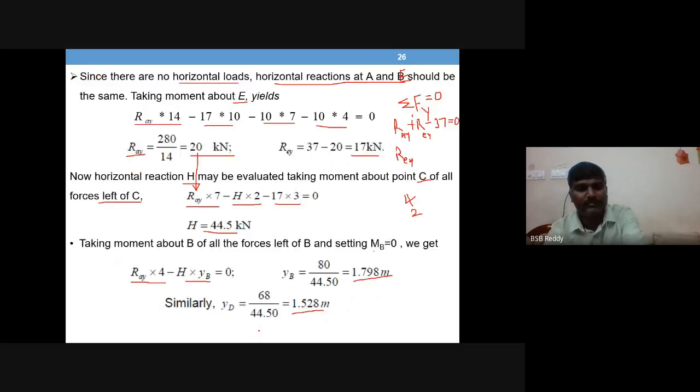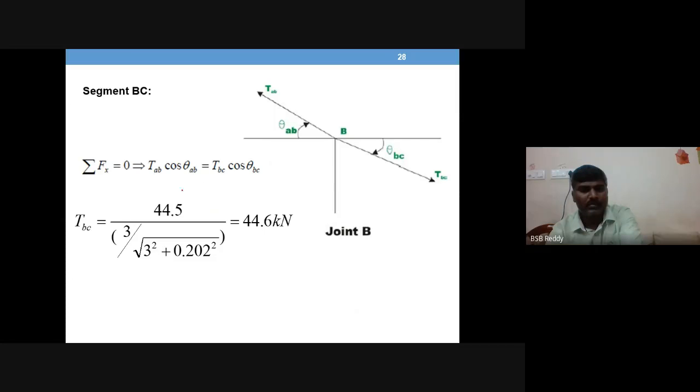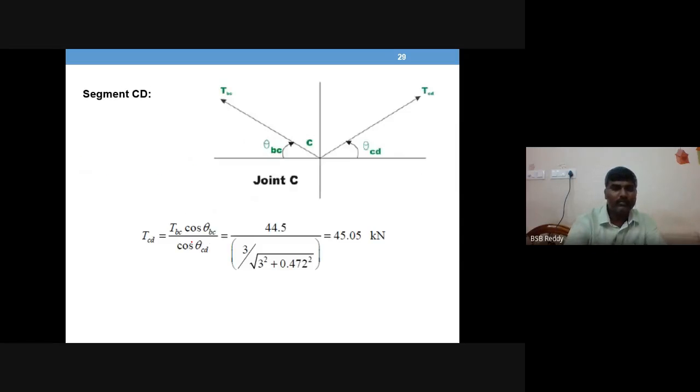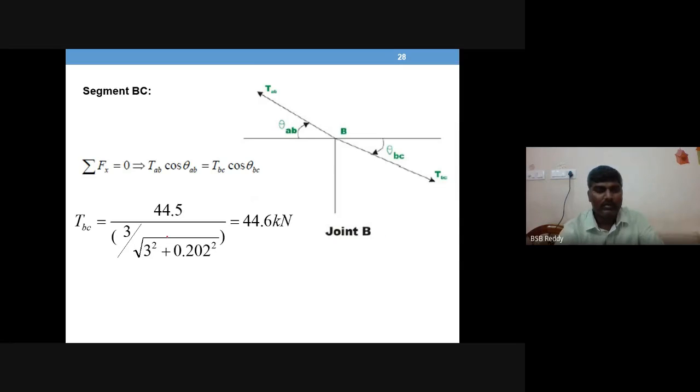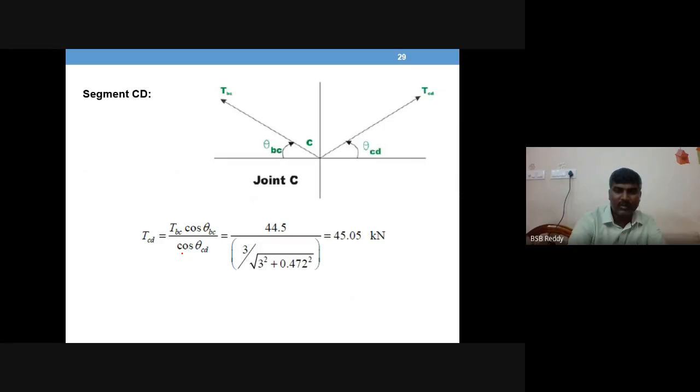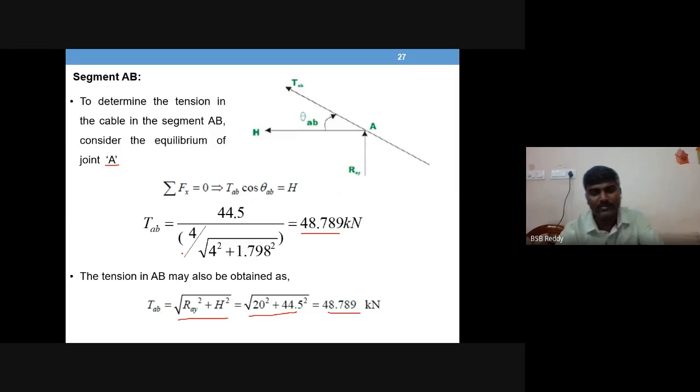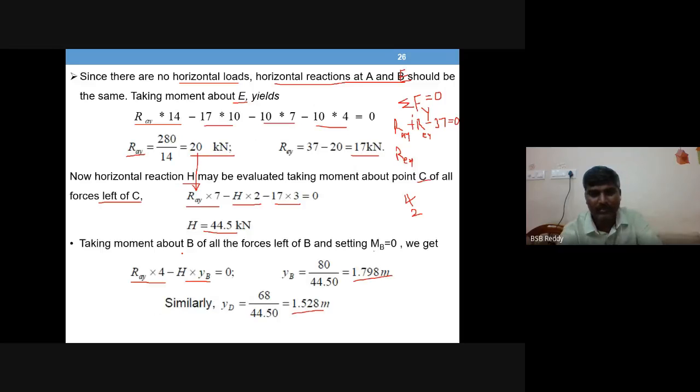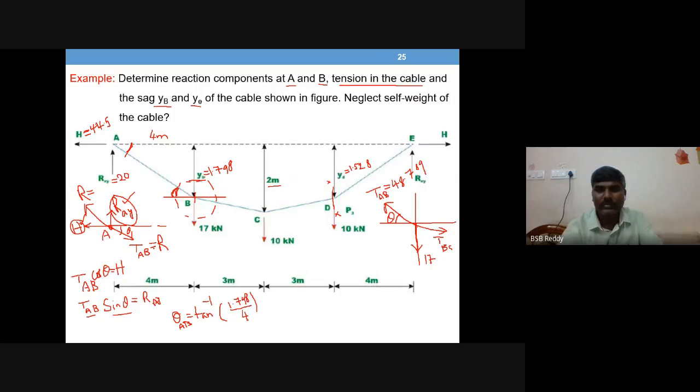They have gone straight away for fractional values, not the decimal value, right? So let's proceed further with that same notation.